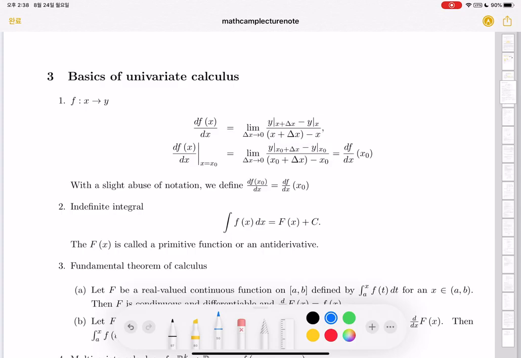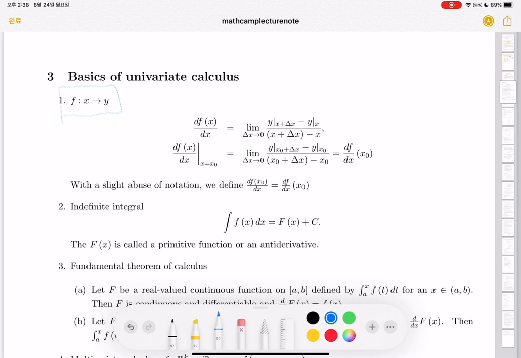Next thing you want to have knowledge on is calculus. Actually, you need to have knowledge on multivariate calculus, but let's start with the simple one, univariate calculus. So this is a function f.